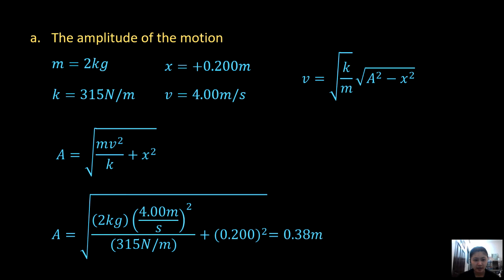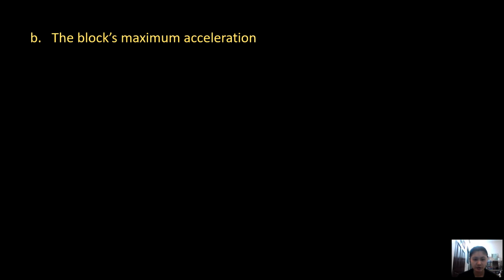And for letter B, we have to solve for the block's maximum acceleration. We know that the formula for the maximum acceleration is equal to negative k, or force constant, divided by the mass, multiplied by the displacement. And the displacement is equal to the negative amplitude.